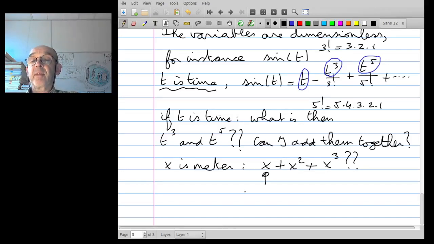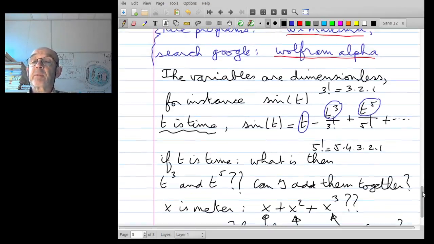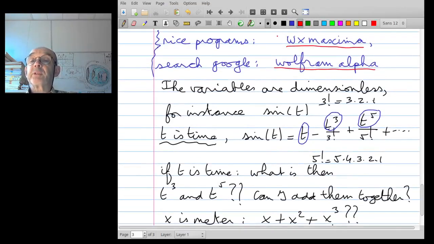Here you have length, here you have area, and here you have some volume. And how can I add length and areas and volume together? So therefore our variables are dimensionless, and that is of importance.